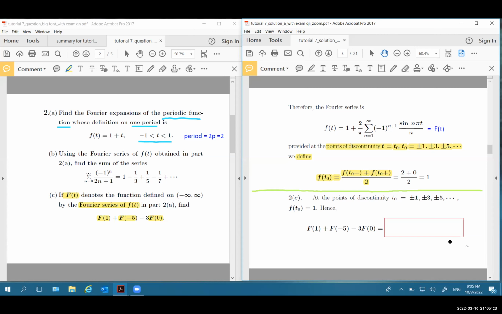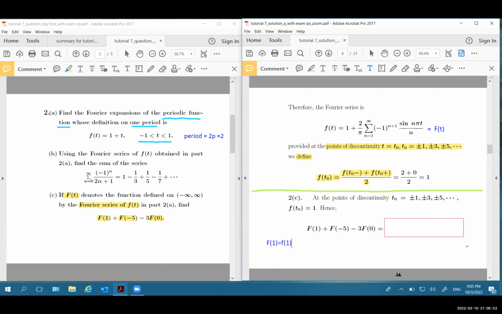Now we want to get F(1). Let's go and get F(1). F(1) should be equal to f(1), because the Fourier series and the function are equal at every t.